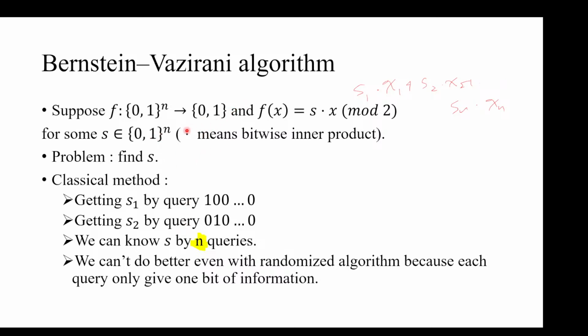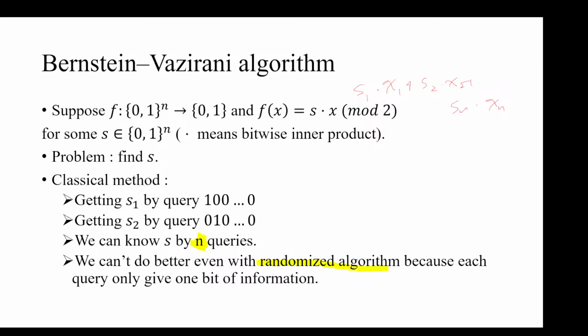So if you want to learn the n-bit string, you need n bits of information, which means you need to query f n times classically to learn the string s. That's true even with randomized algorithms. So that's our goal here.